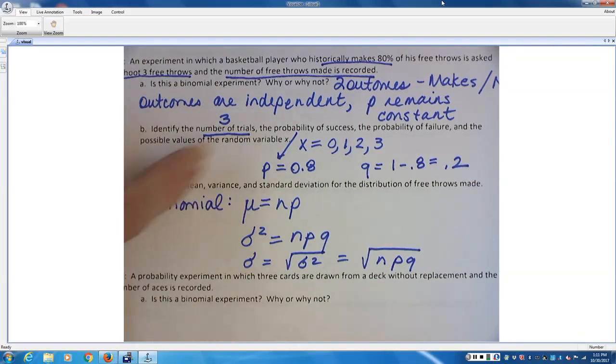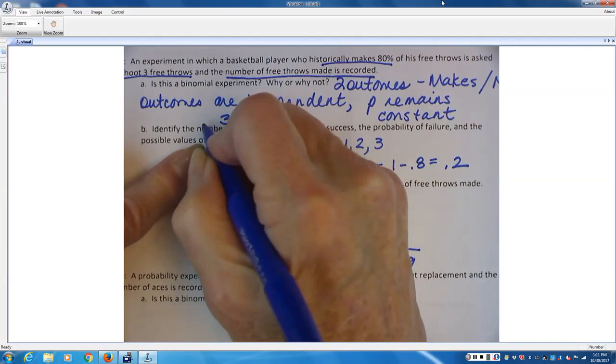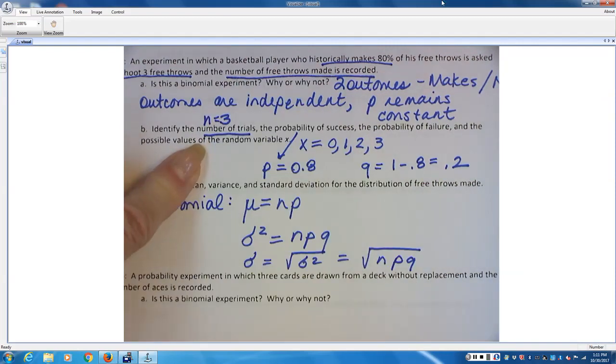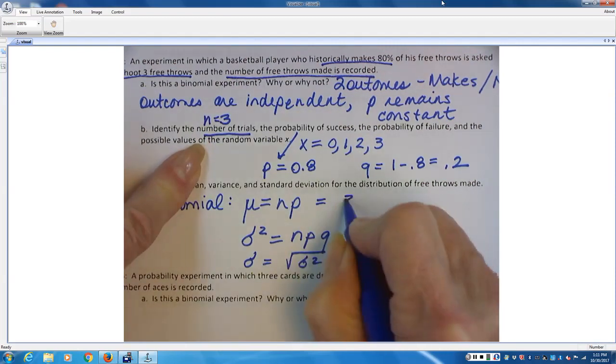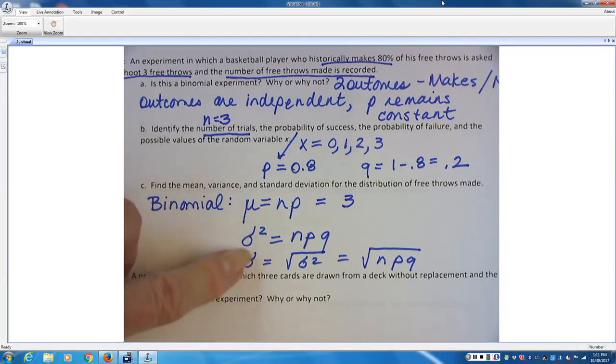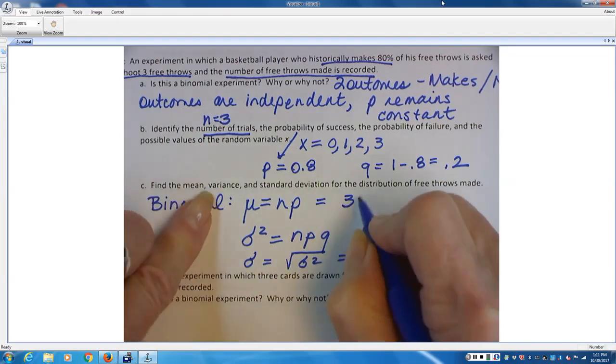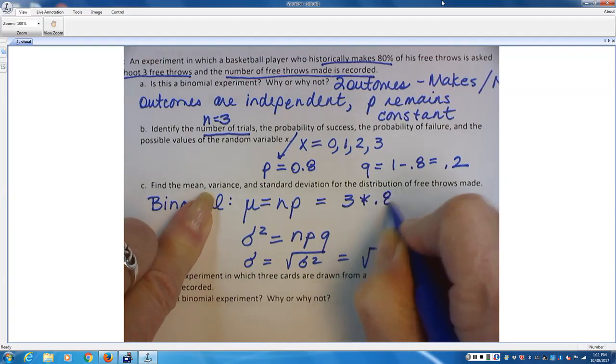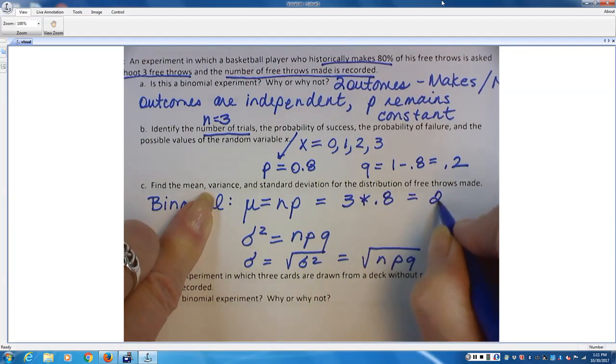And since we know the value of n is equal to 3, then of his 3 free throws, we expect him to make 80%, which would be 2.4.